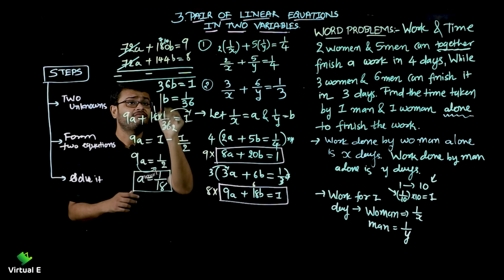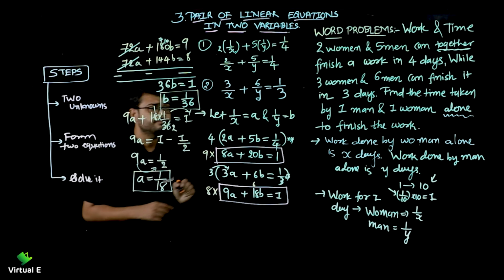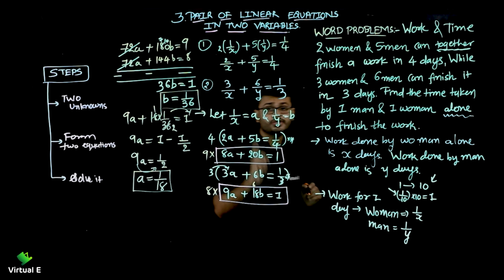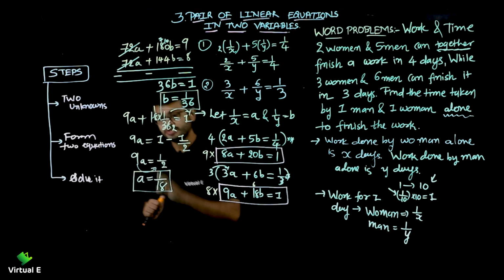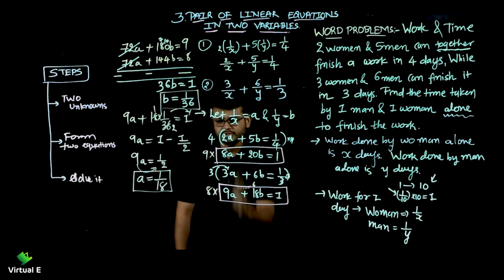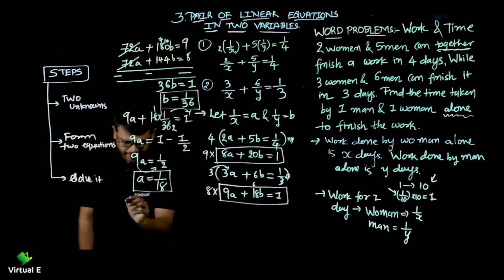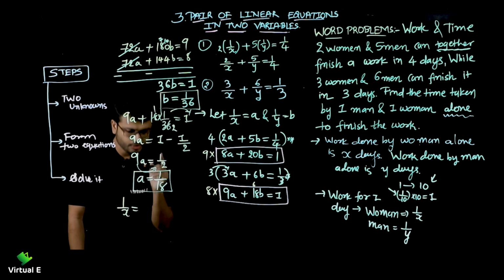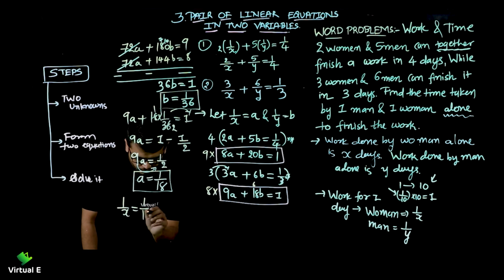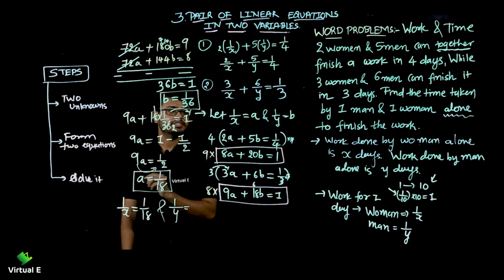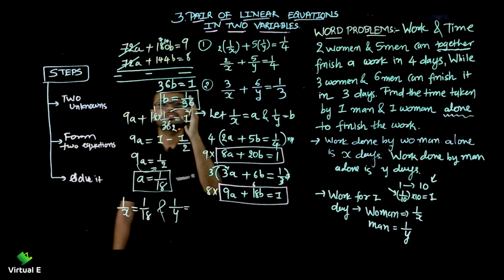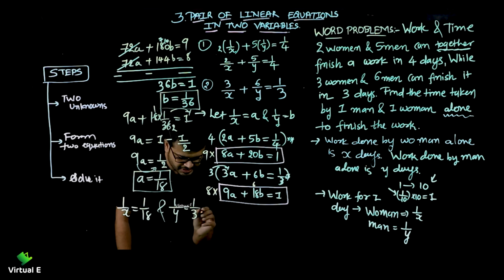Is it my final solution? What do you think? No, this is not my final solution. I need to substitute the values into my assumptions. So let's start. 1 over x is equal to a. What is the value of a? 1 over 18. And 1 over y is equal to b. What is the value of b? 1 over 36.